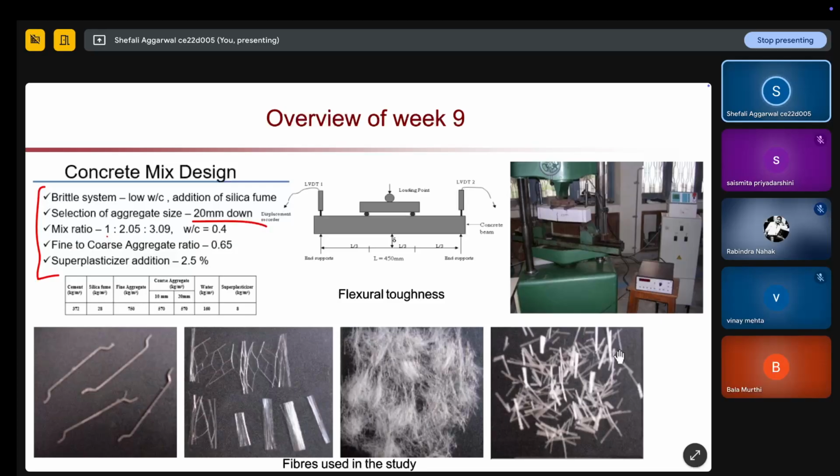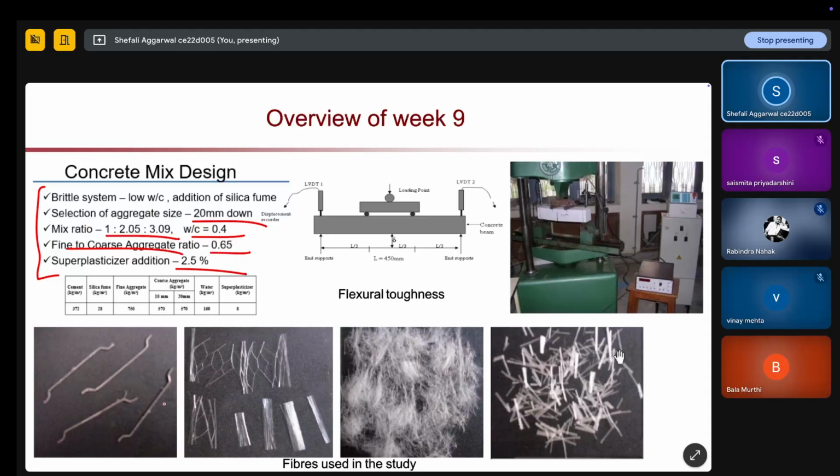This is our mix ratio, 1 is to 2.05 is to 3.09. 1 is cement or binder, 2.05 fine aggregates, 3.09 coarse aggregates, with a water cement ratio of 0.4. So the fine to coarse aggregate ratio is 0.65, and we are adding superplasticizer at a concentration of 2.5%.